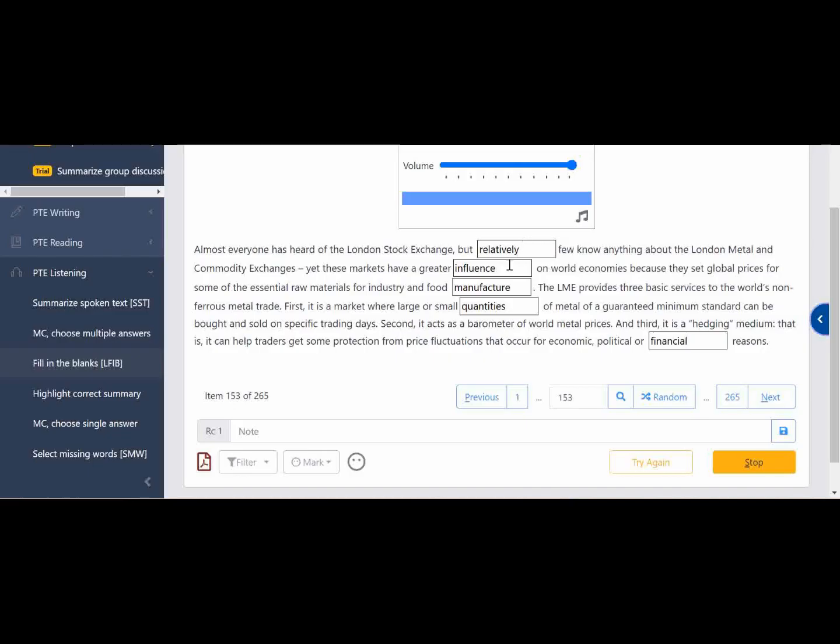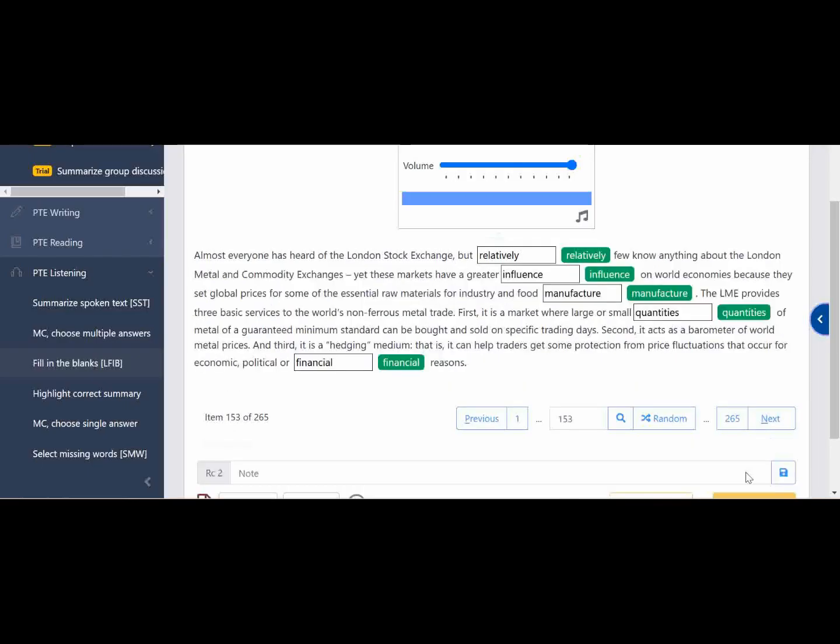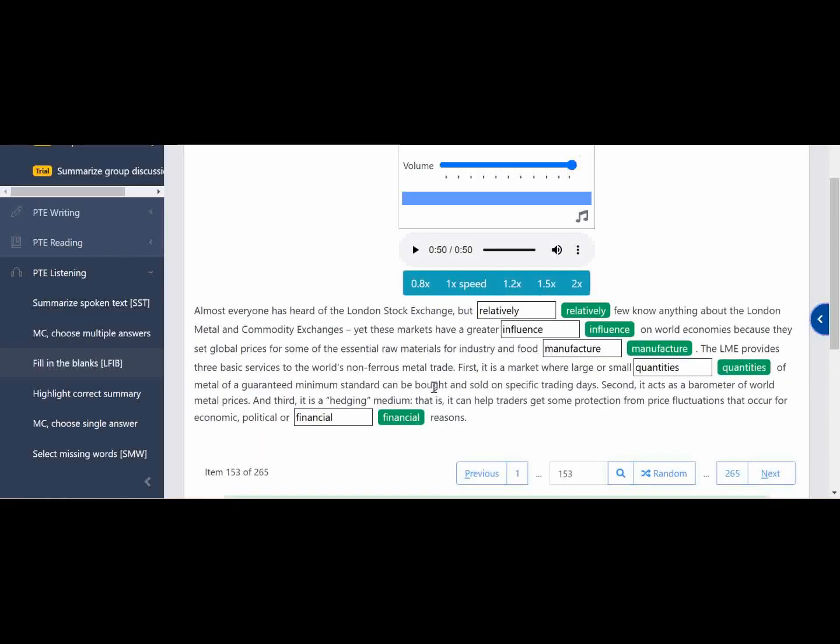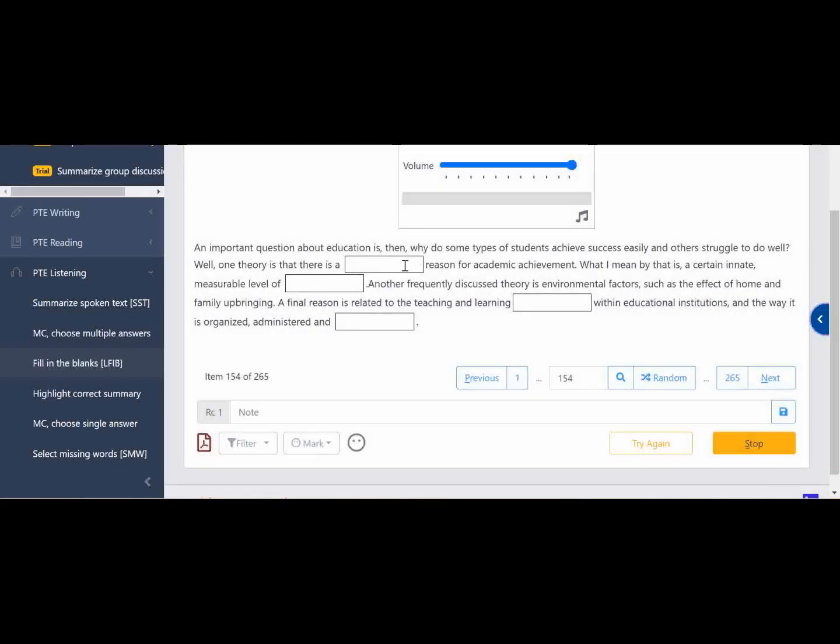Relatively, influence, manufacture, quantities and financial. So these are the answers. Check your spellings. Relatively, influence, manufacture, quantities and financial. Next one.